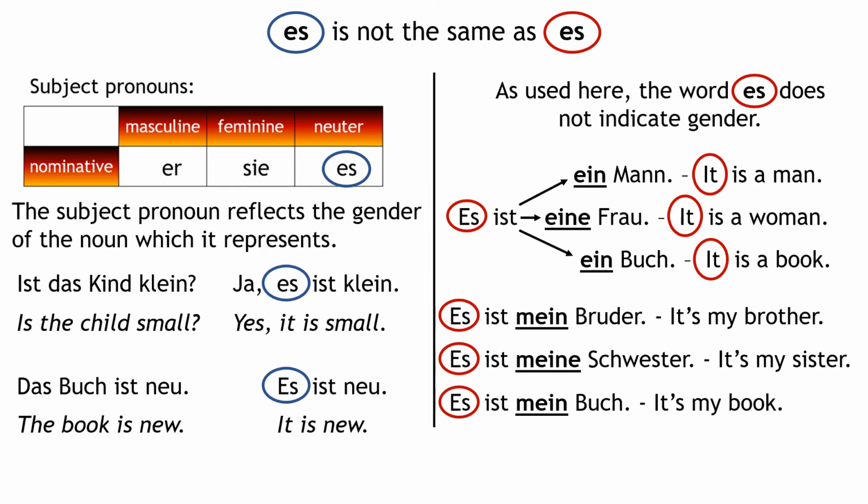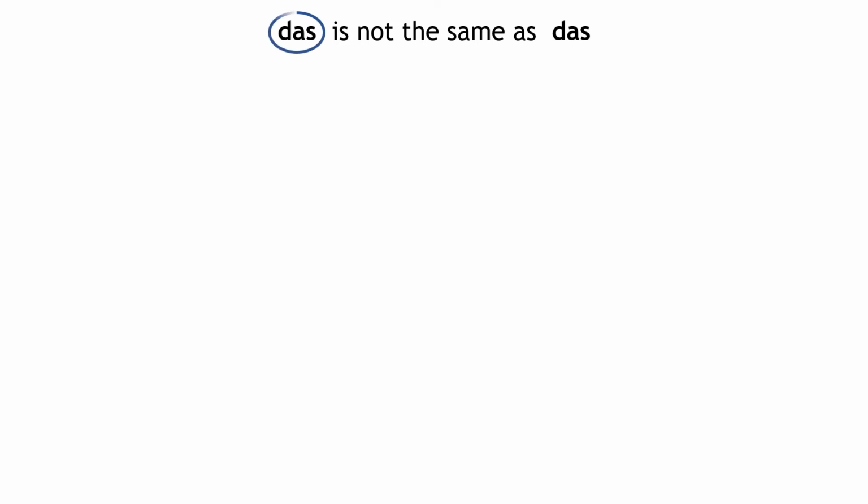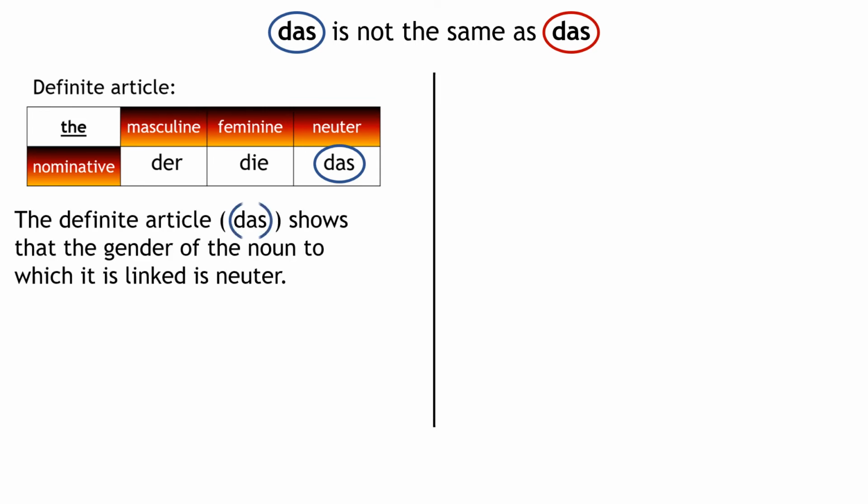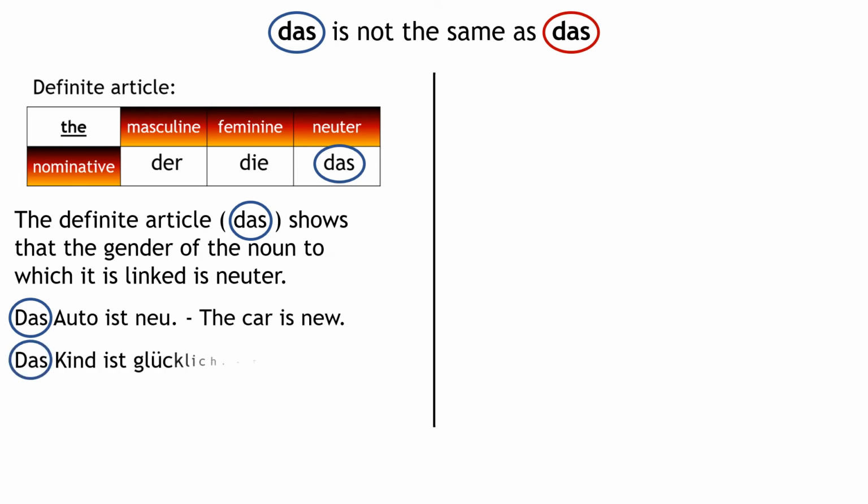Another two words which are spelt the same but have very different grammatical functions are das and das. The definite article, das, shows that the gender of the noun to which it is linked is neuter. Das Auto ist neu. Das Kind ist glücklich.